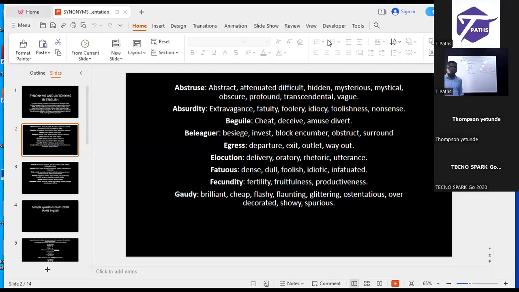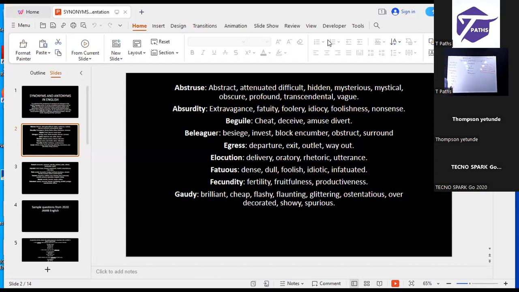Transcendental is another word, and vague is another word you can use for this. Those other words I've listed can be synonymous or similar to this word, abstruse.